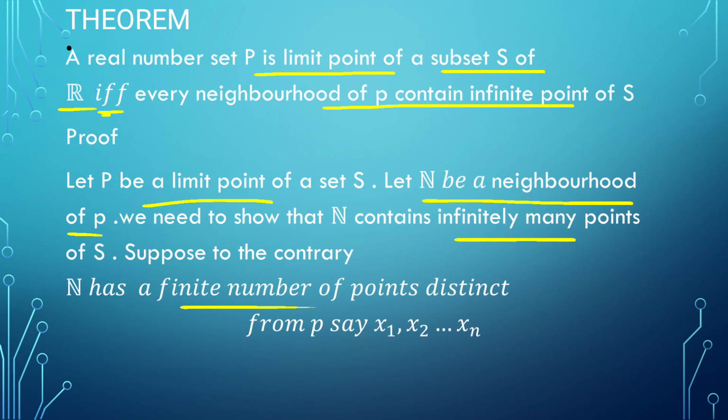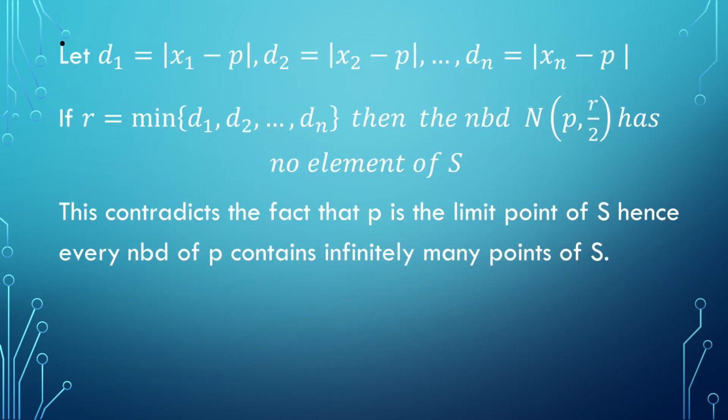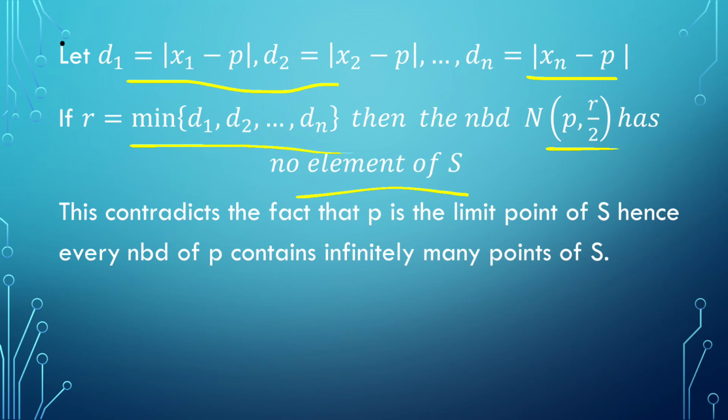N has a finite number of distinct points; say they are x1, x2 to xn. Suppose that is true. Then we have this from our previous theorem, and R will be defined as that. Then the neighborhood of this has no element of S.